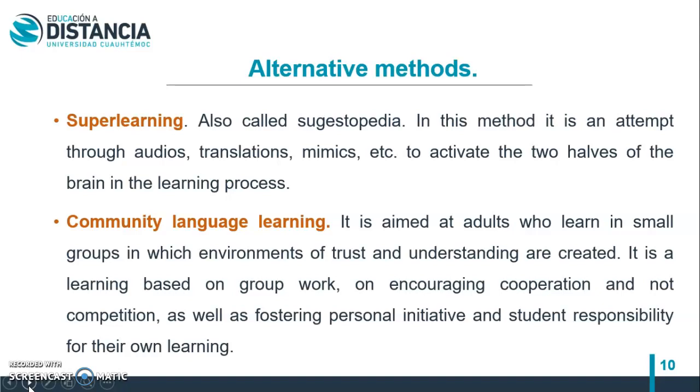This is focused on adults who learn in small groups in which environments of trust and understanding are created. And this method is based on group work and encouraging cooperation and non competition, as well as fostering personal initiative and student responsibility for their own learning.